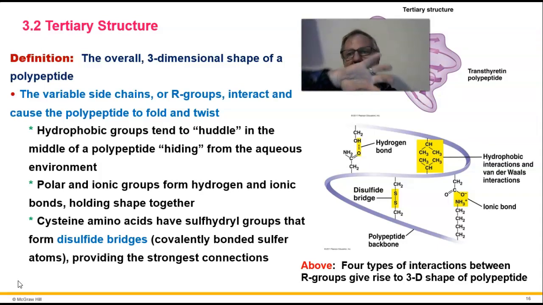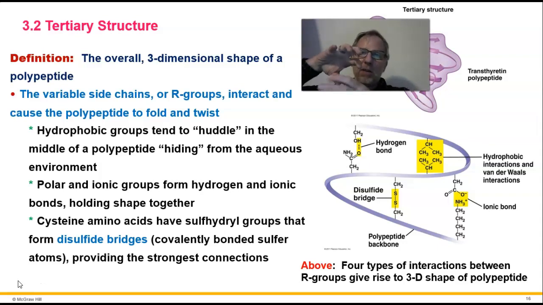That helps to make that twist. Other amino acids are attracted because they're ionized and form ionic bonds. A remainder group that's negatively charged, like the one shown in the figure with a negative oxygen, will attract another remainder group that's positively charged, like the one shown in the picture.